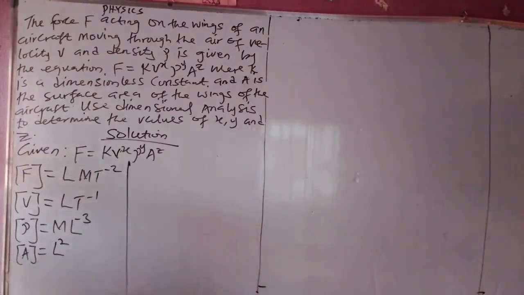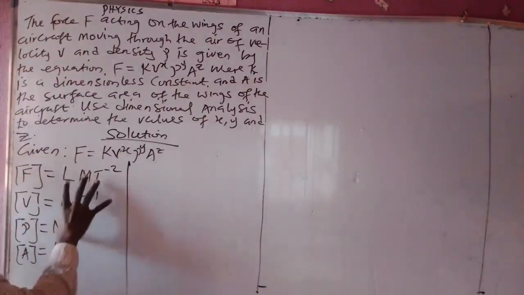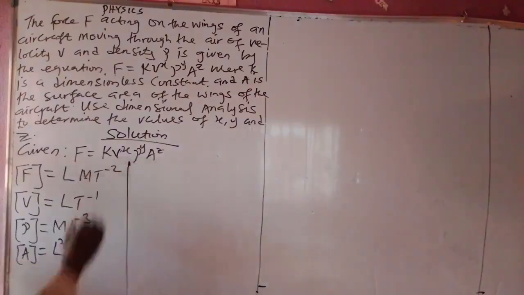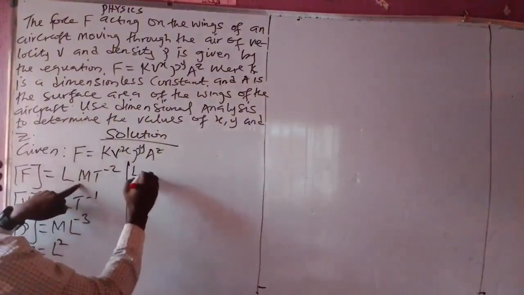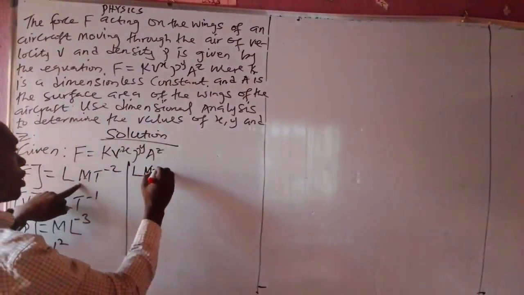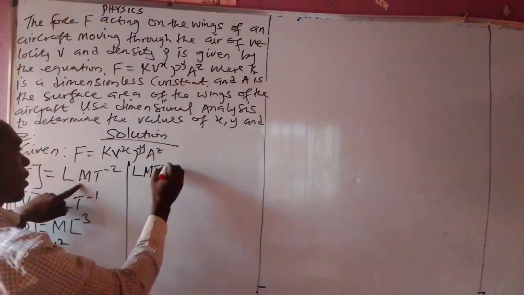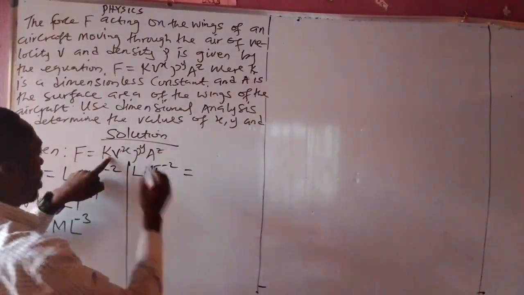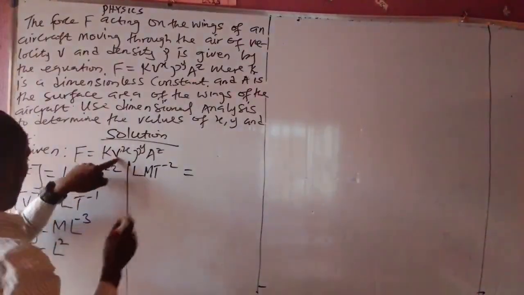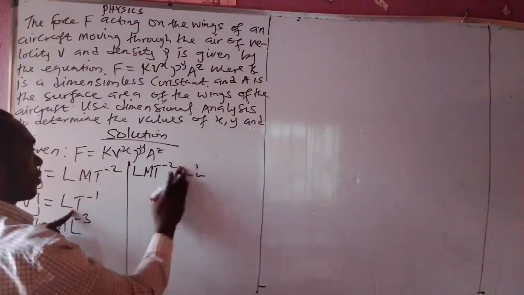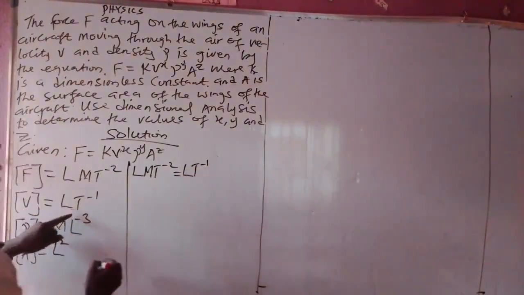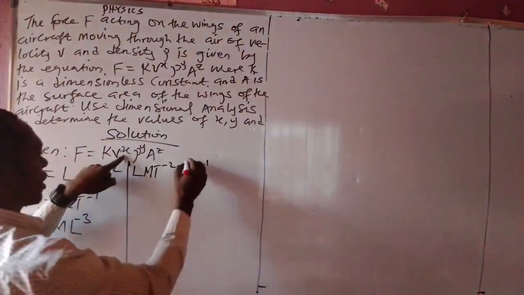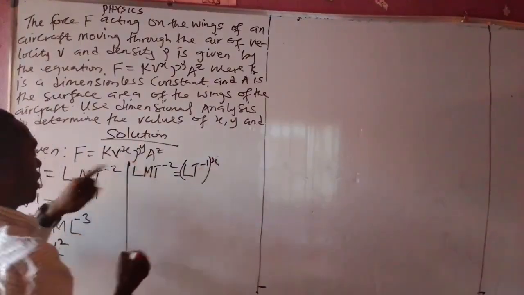Now, after you are able to do this, the next thing we are supposed to do is to replace these dimensions back into the relationship that was given. So instead of writing F, we have MLT^-2 equals, no need of writing the k, velocity LT^-1 raised to x. Don't forget, if there's any letter you attach to this, here the letter is x, that's the power.